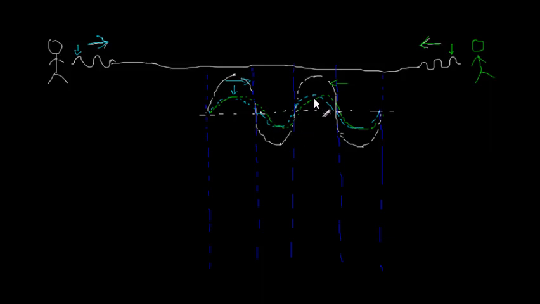And let's say at this point where they meet, that green peak has come here. So I'm going to follow each of these peaks and see what happens after a short time. So let's say a bit later, I'm going to draw another wave.